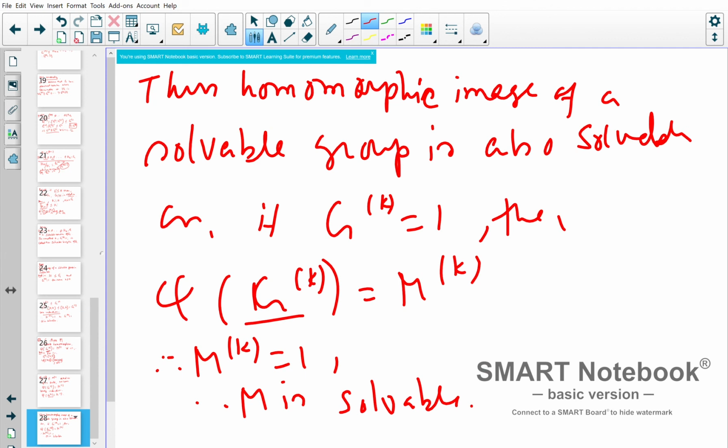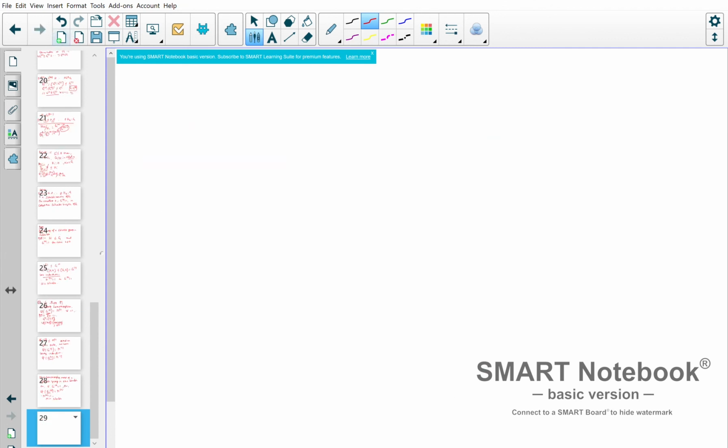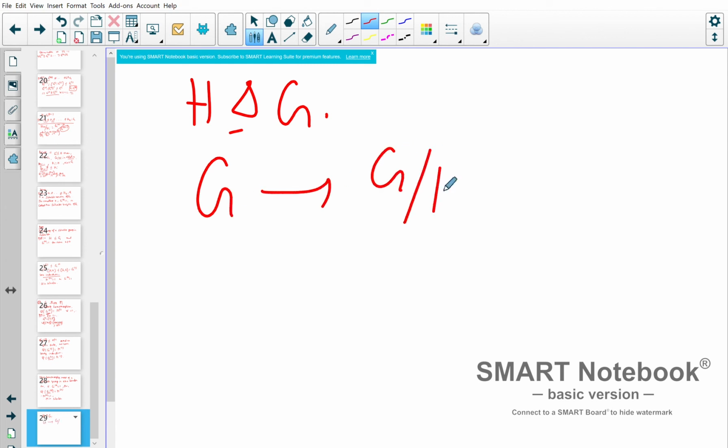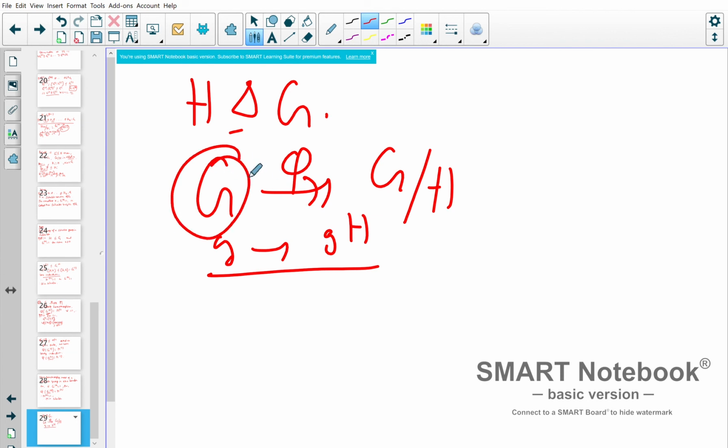So this also proves it for quotient groups. Suppose you have a normal subgroup H of G, then you can talk about the natural homomorphism from G to G mod H. This is an onto homomorphism, right? So if G is solvable, then G mod H is also solvable.